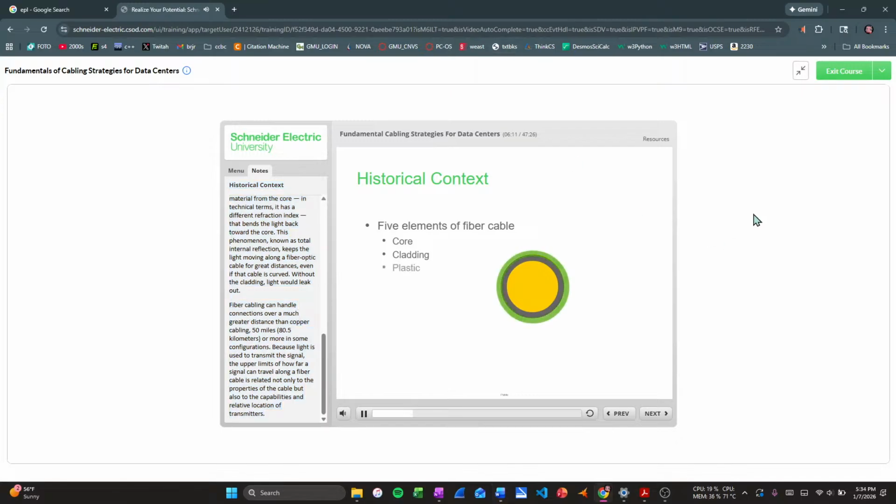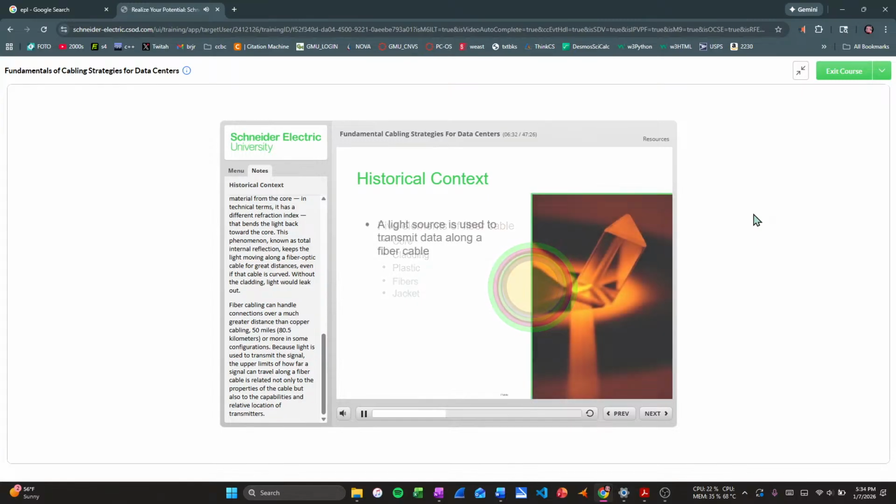Core and cladding glass are covered in plastic coating to protect them from dust or scratches. Strengthening fibers are then added to protect the core during installation. Finally, all of these materials are wrapped in plastic or other protective substance that serves as the cable's jacket.